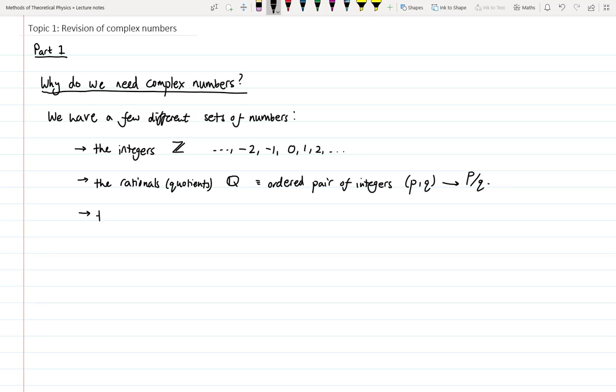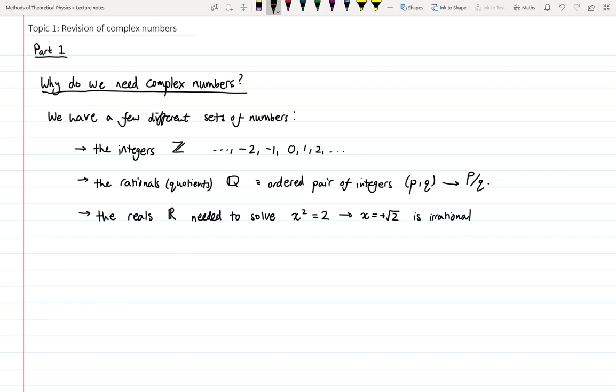We also have the reals. And these are denoted by the letter R, again with a double bar. These are needed to solve equations such as x squared equals 2. We know that the positive solution, x is plus root 2, is irrational.